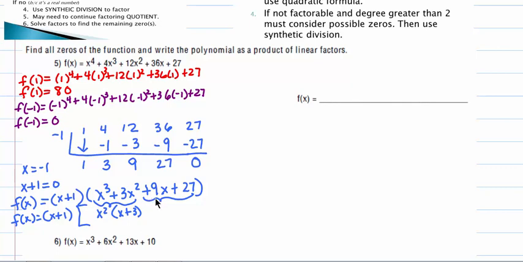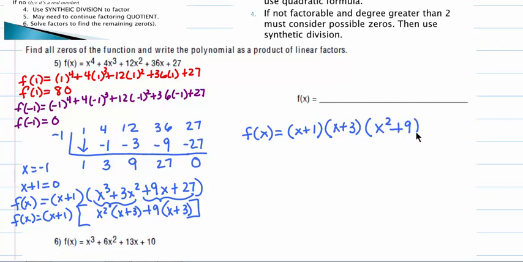What can I factor out of these two so that I'll have an x plus 3 with a positive 9? Open my parentheses, I'm left with x plus 3. Now I have f of x is equal to x plus 1 times x plus 3. Open my parentheses, I'm left with x squared plus 9.